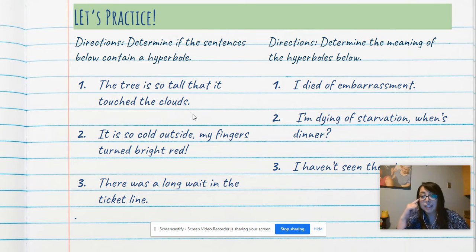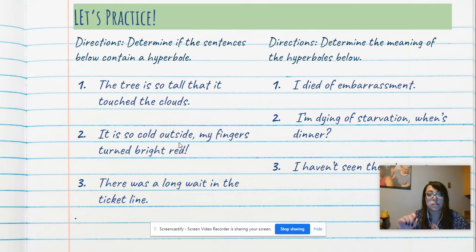Can trees literally touch the clouds? Usually not. Most of the time not. So in our heads, we know that since trees cannot literally touch the clouds, that it most likely contains a hyperbole. Number 2, it is so cold outside, my fingers turned bright red.